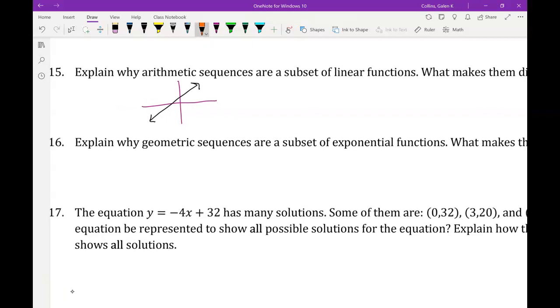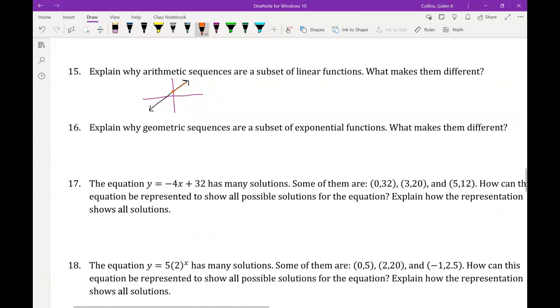But if I'm talking about an arithmetic sequence, I'm usually just going to be using inputs that are whole or natural numbers. So either starting at 0 or starting at 1, but I would use whole or natural numbers for my domain. So when we say a subset of linear functions, it's really the domain restriction.